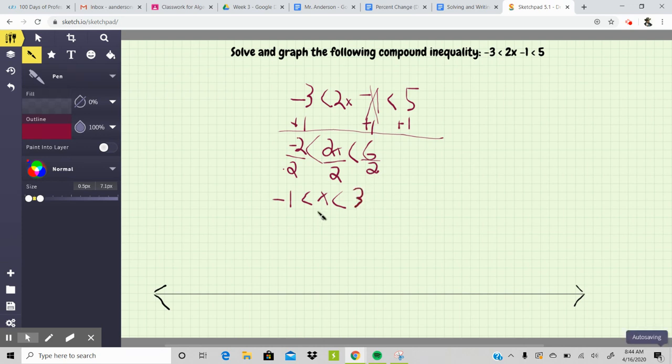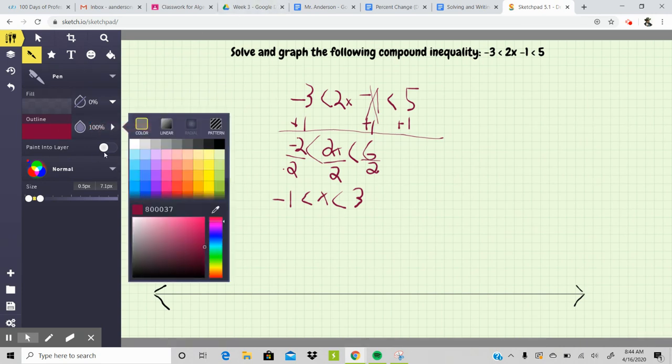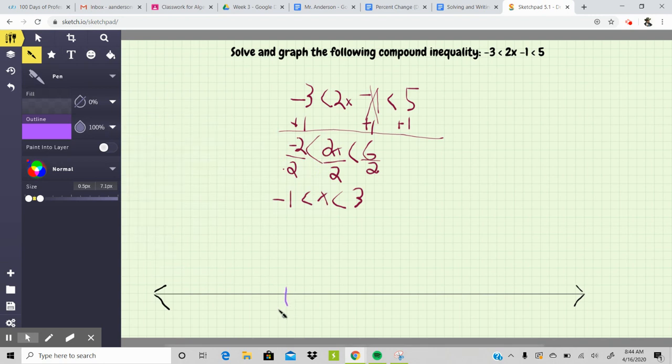So I know -1 and 3 are going to both be important on here, so I'll plot a point at -1 is right here, and then we'll just say 3 is right here, okay? However, I scaled my number line.